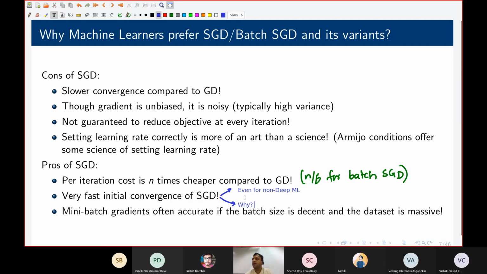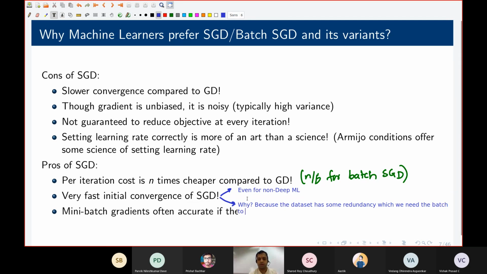So what we actually need is a small representation of the entire data set, a summary of it, because the data set has some amount of redundancy. So you need to represent it.